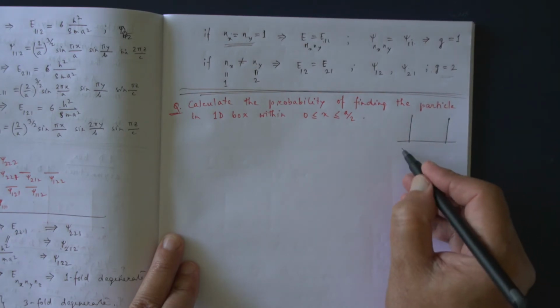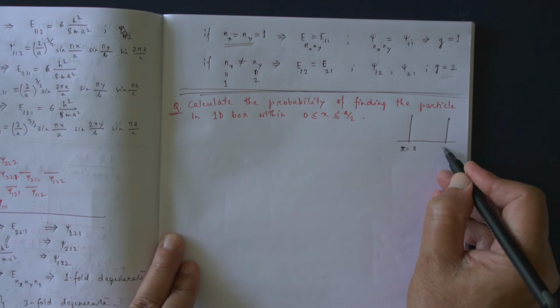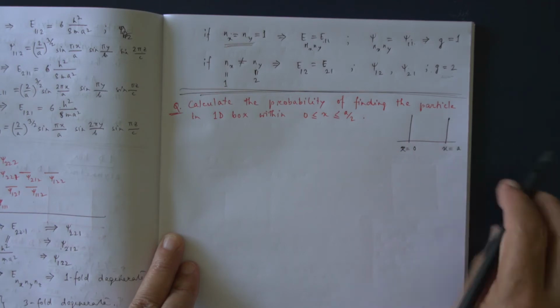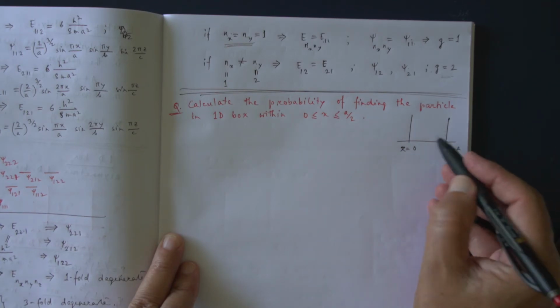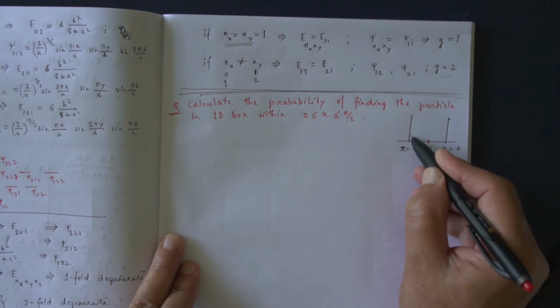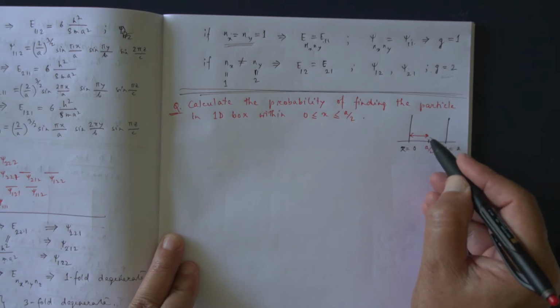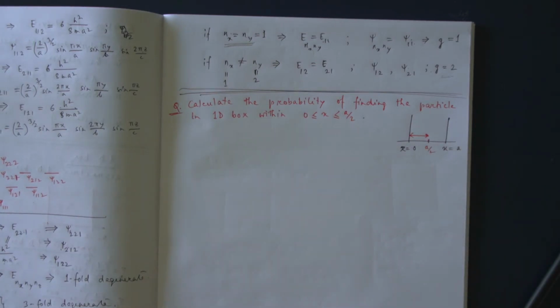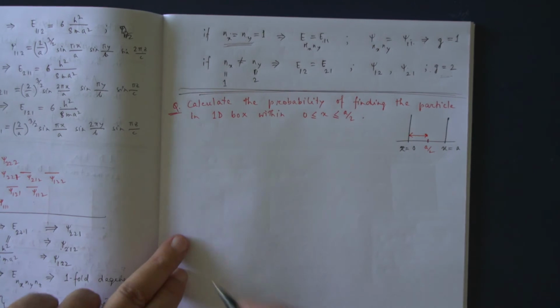This is the box, x equal to 0, x equal to a. This is a by 2. So we have to find out the probability of finding the particle within this range. How to do that?